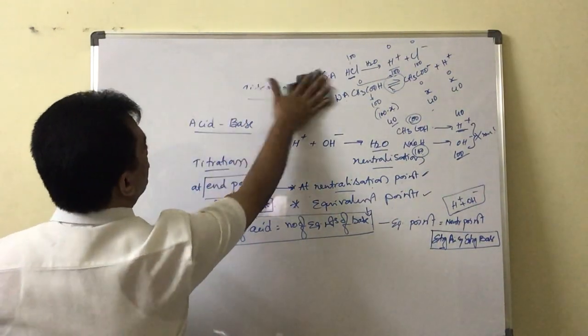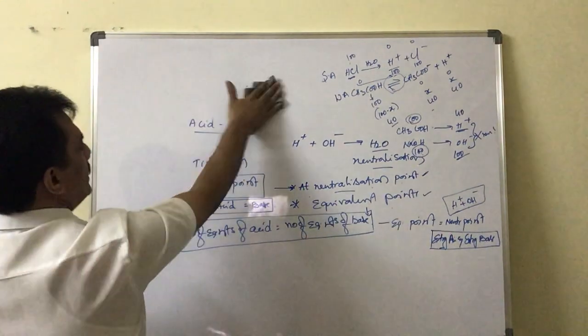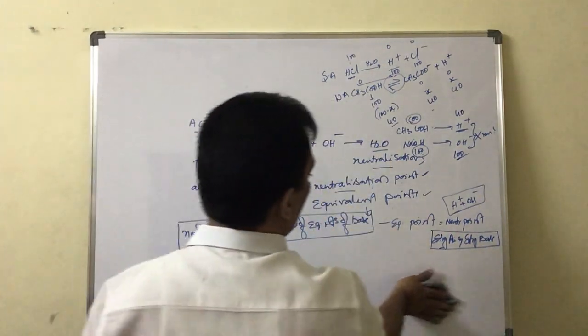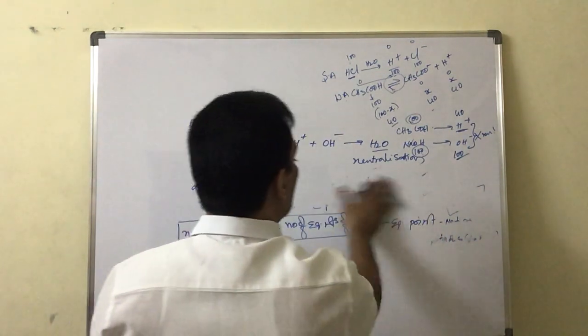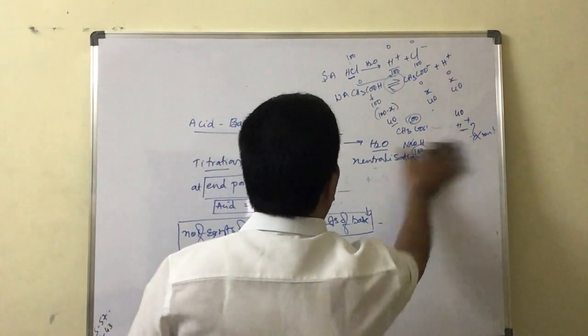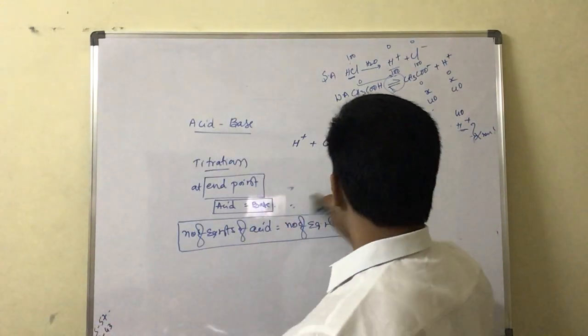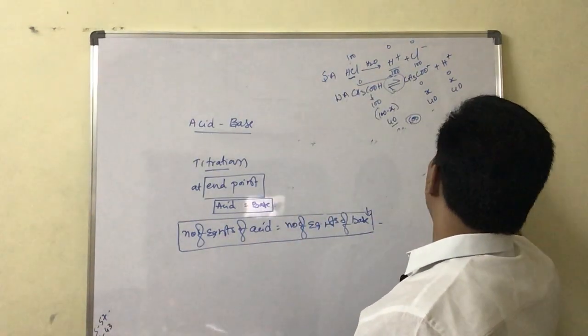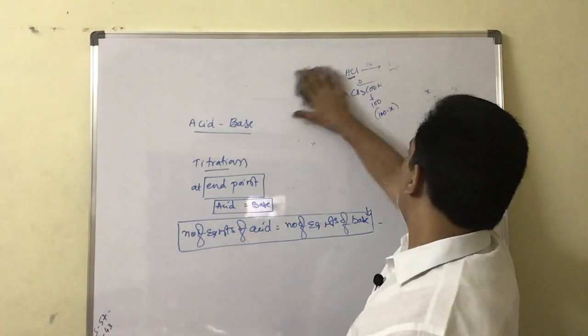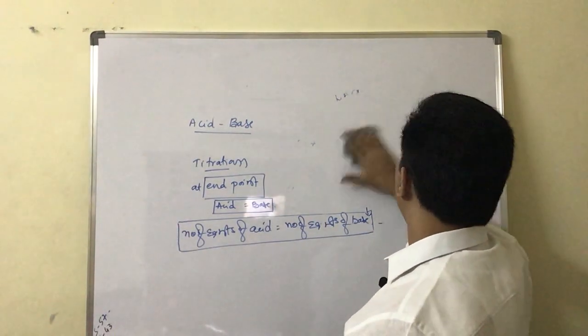Actually, to measure the number of equivalent weights, we have many formulae. Of them, the important formulae are, one is when the concentration is given in terms of normality, then the number of equivalents is nothing but normality into volume.